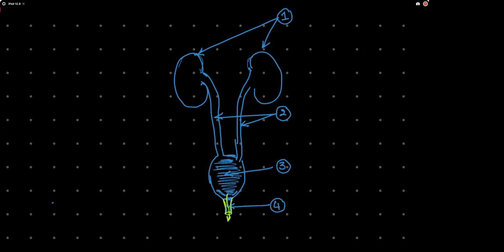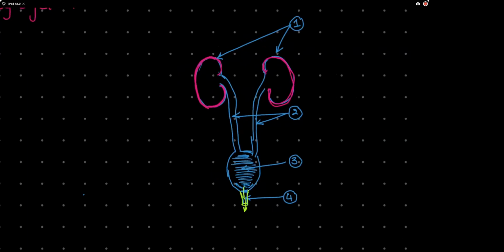What are the various organs here that enter in the structure and share in the formation of the urinary system? If we're looking here, we've got two bean-shaped organs that are located in the abdomen. This is going to be number one for today's in-class activity questions.